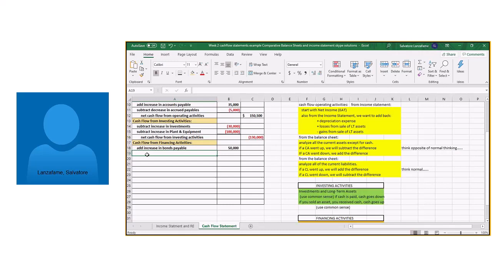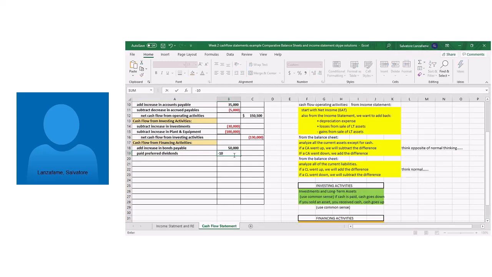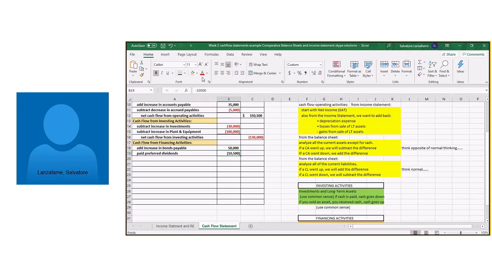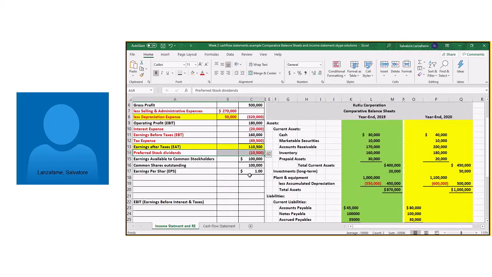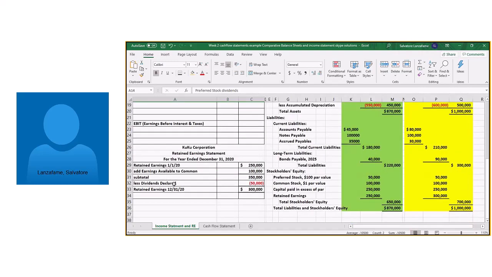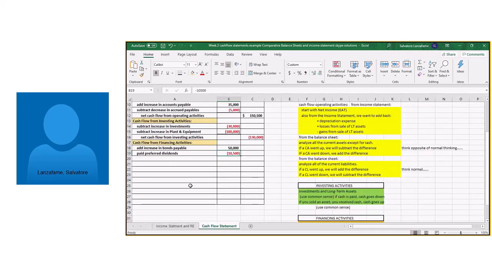So paid preferred dividends, and the amount was 10.5. So let's look at that again. There's the 10.5, preferred stock dividends. But in the statement of retained earnings, there was more dividends, another $50,000 worth of dividends. Okay, so that means those were common dividends paid. $50,000.